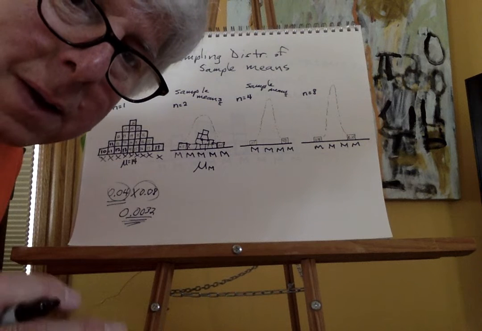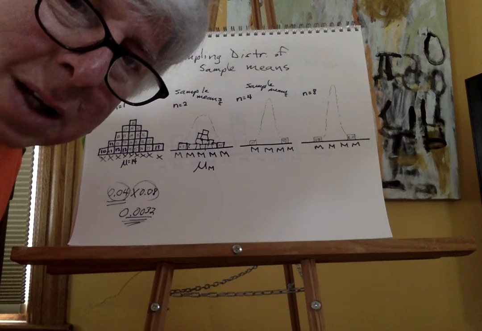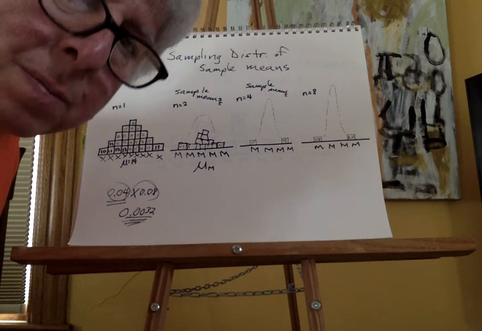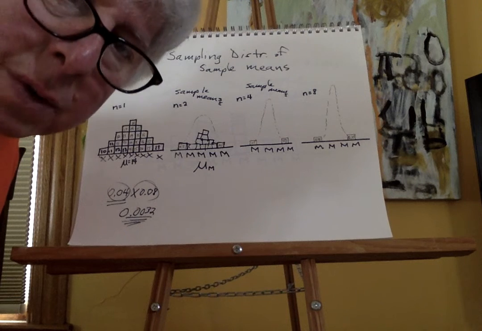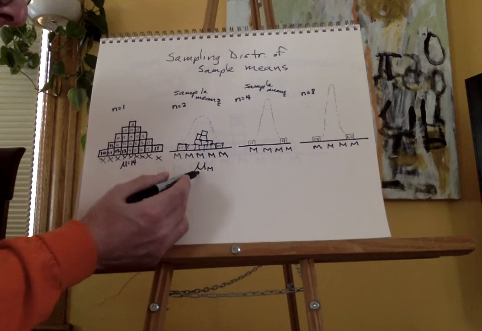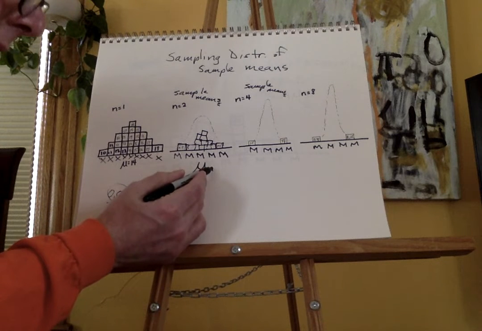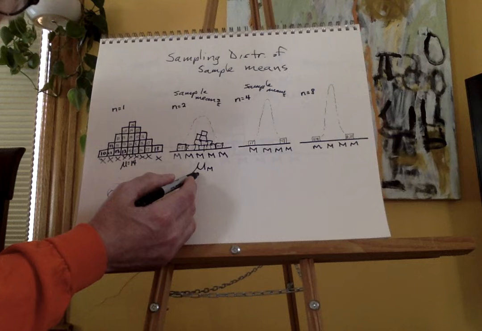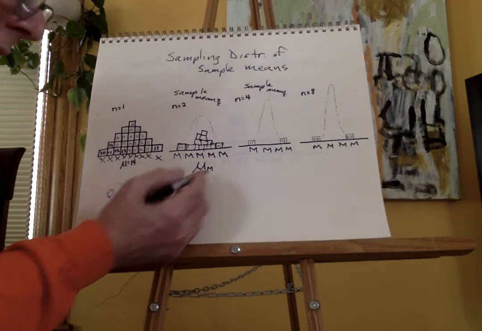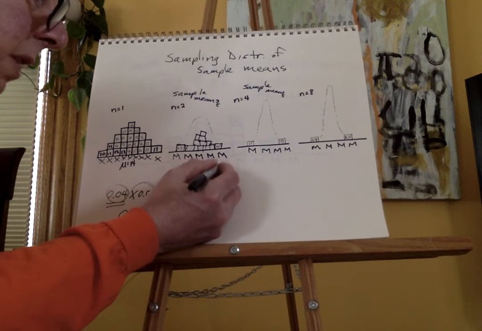This is the overall mean of all the sample means of n equals 2. That's what mu sub m is. The subscript here is telling you these are sample means. I'm getting the overall mean of all the sample means. This will equal 14.